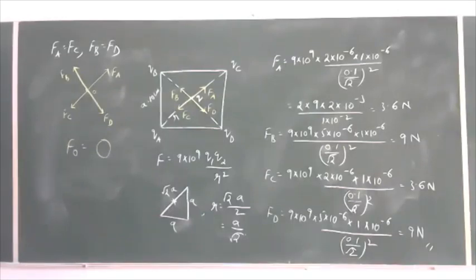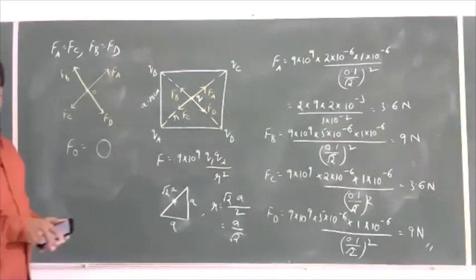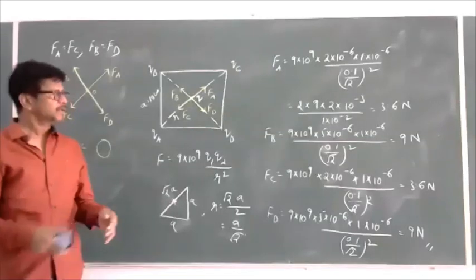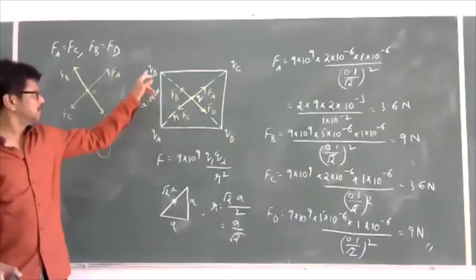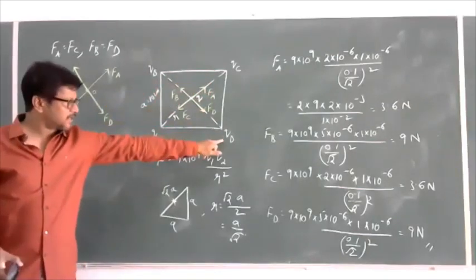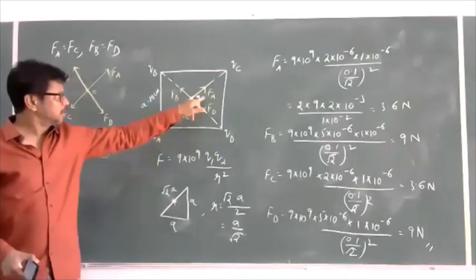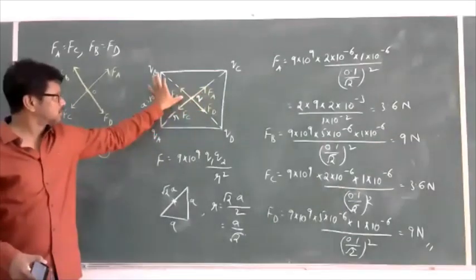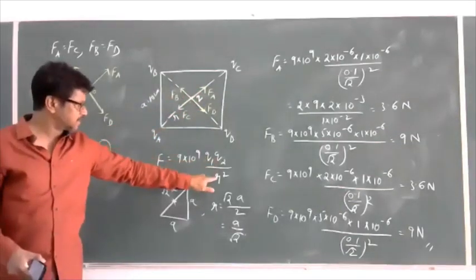Next problem. So this is the method we need to follow while solving the PUC problems. In objective questions, directly by seeing these values, this and this are same, and Q is common for both. The force depends upon charges and distance.